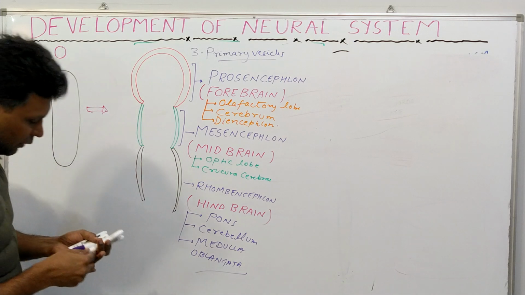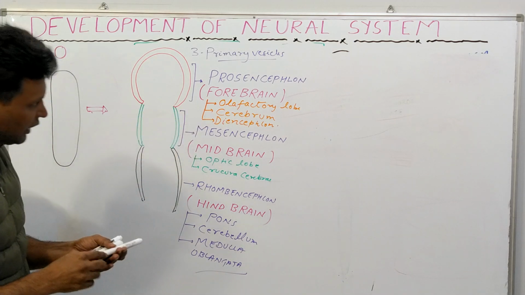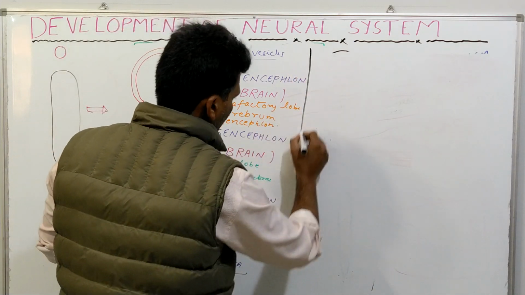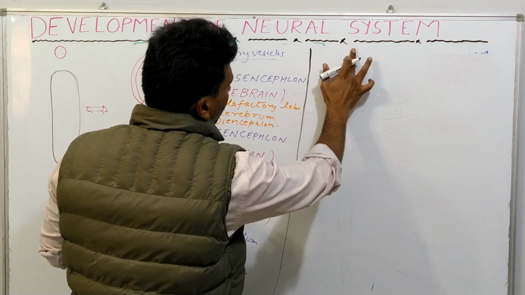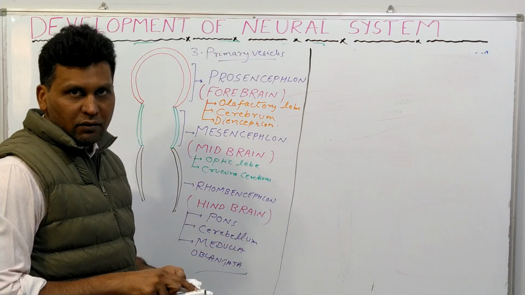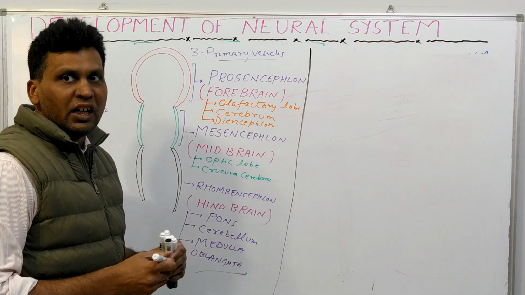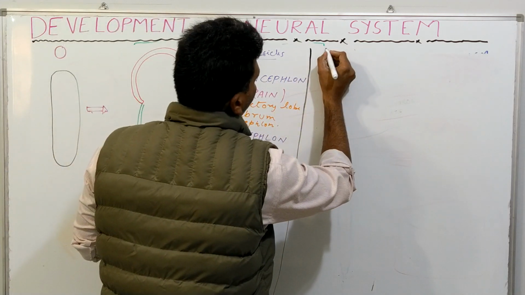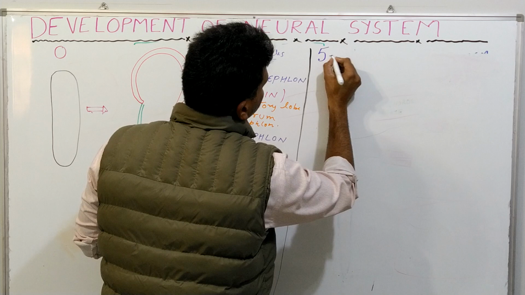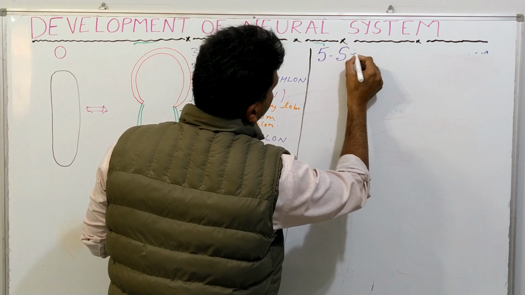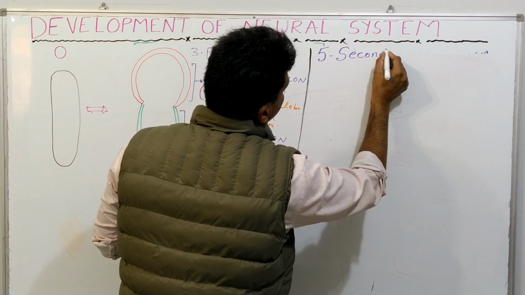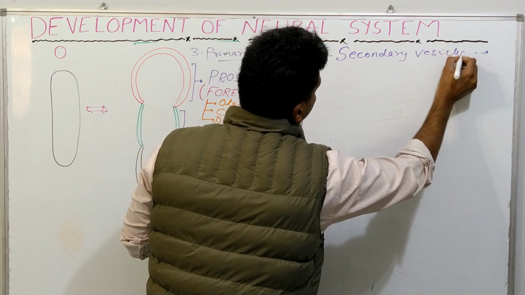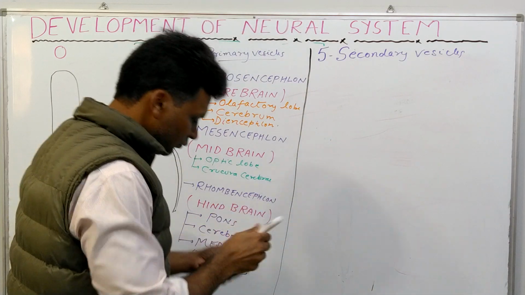Now after the three primary vesicles, there is a formation of 5 secondary vesicles. This is the primary vesicle and these are the 5 secondary vesicles.